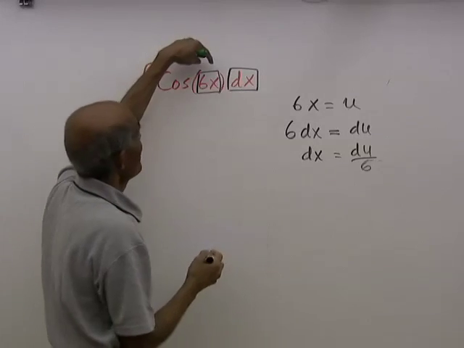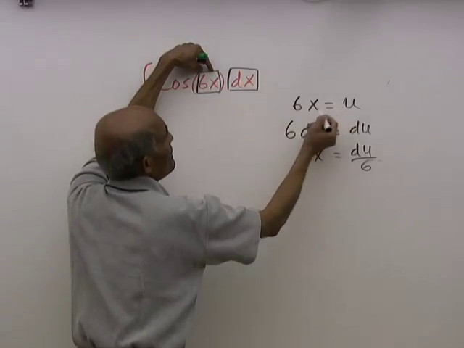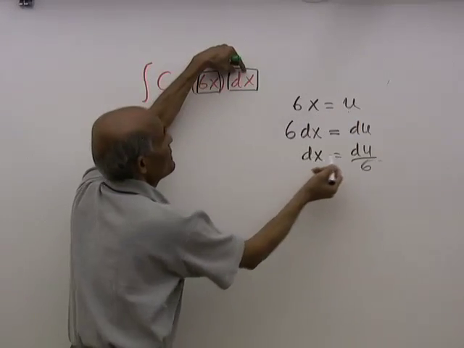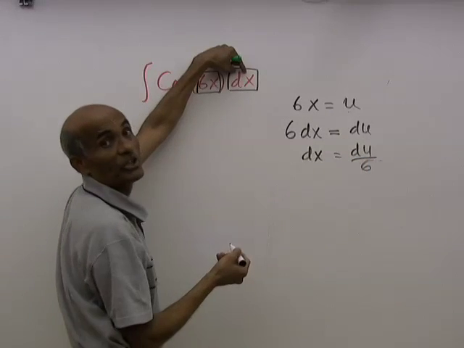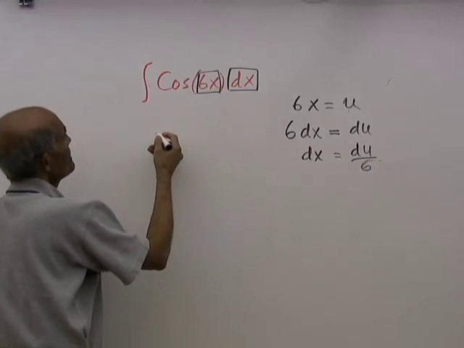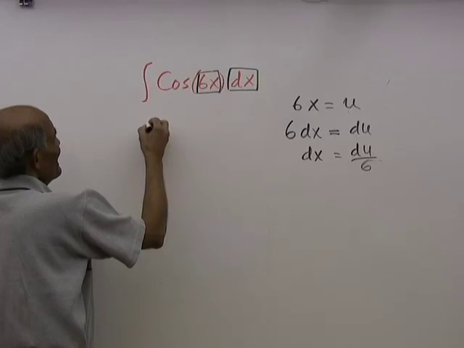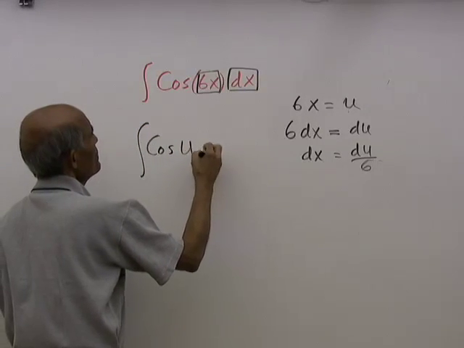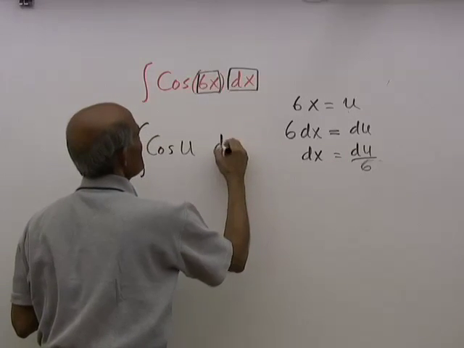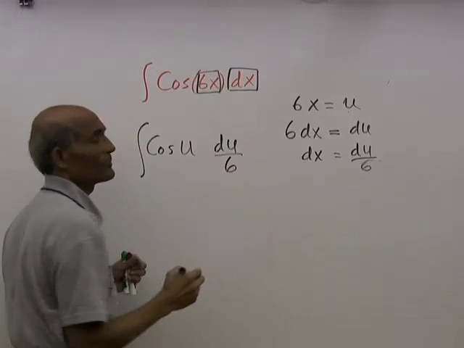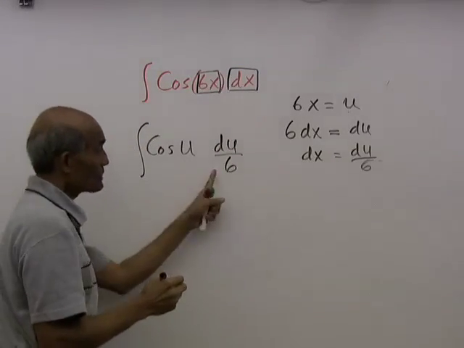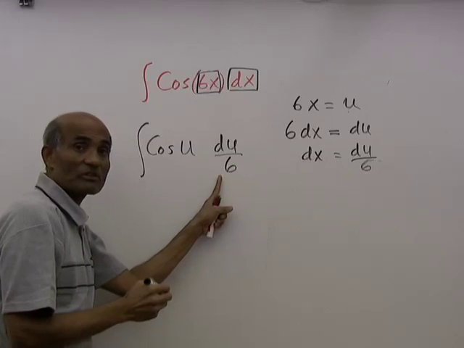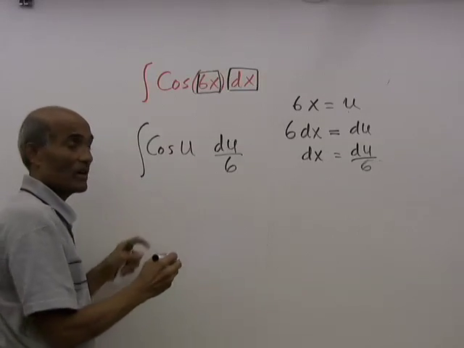Alright, so we have our 6x replaced by u and dx replaced by du over 6. Our integral now becomes the integral of cos of u times du over 6. Well, first of all, we remove that 6 from the denominator and take it out.